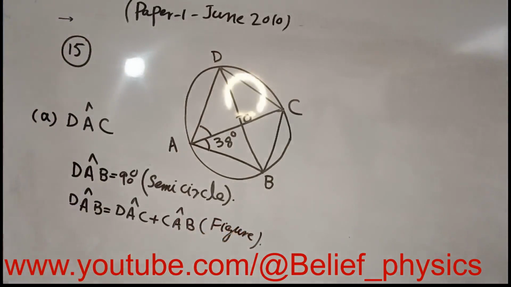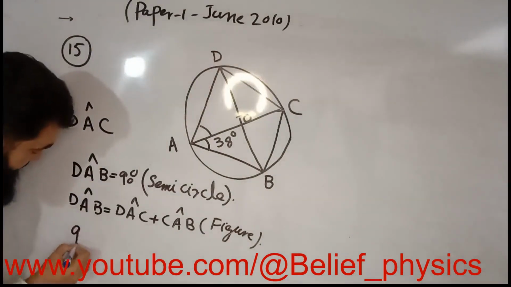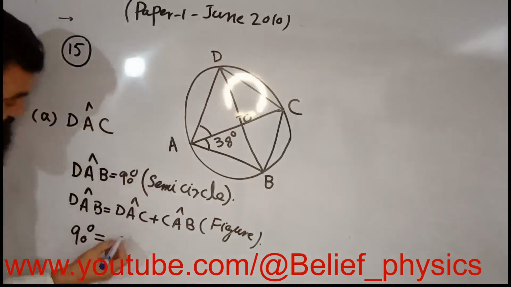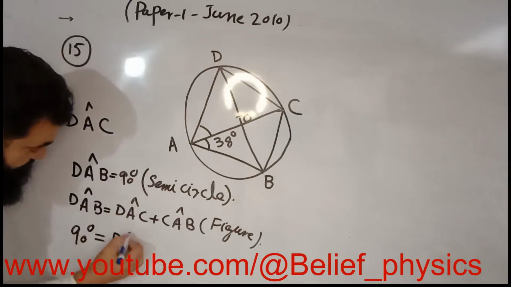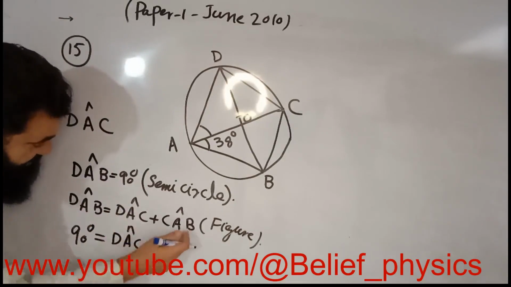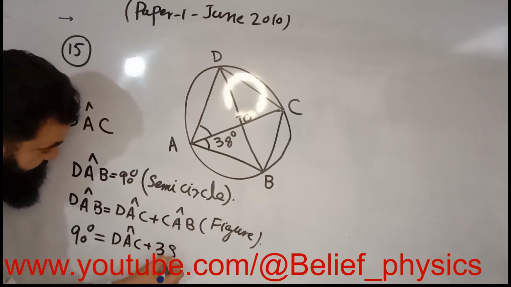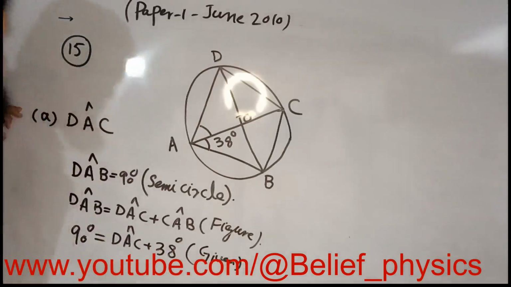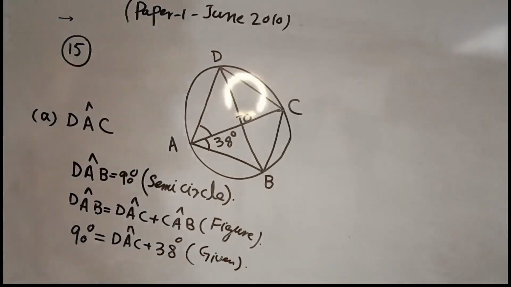Now put the values of DAB, DAC and CAB. We know the value of DAB. DAB is 90, so write 90 degrees is equal to DAC, which is unknown, plus CAB, which is 38. It is also given in the figure. Just simplify it and find DAC.